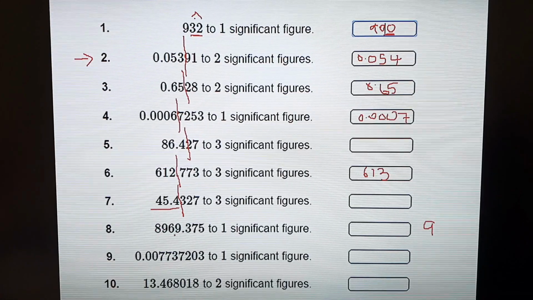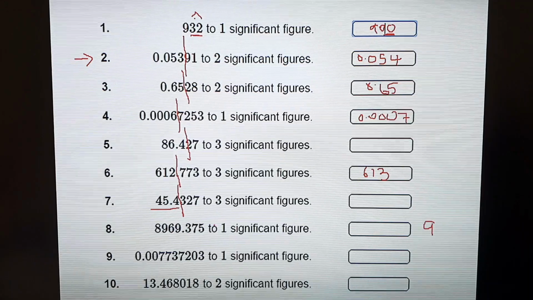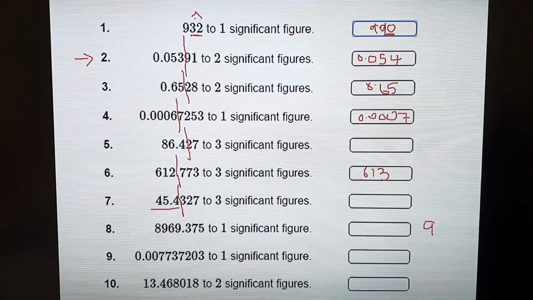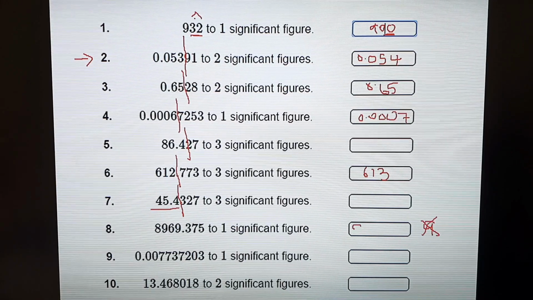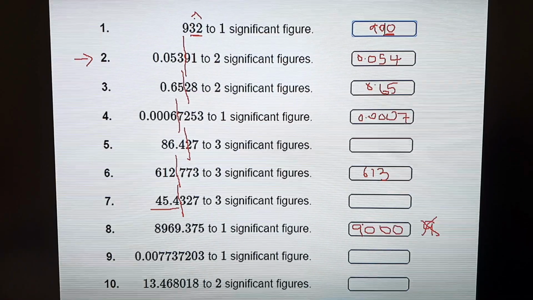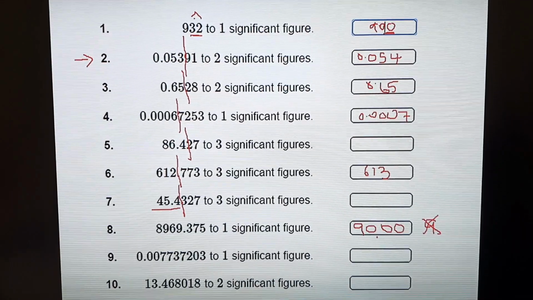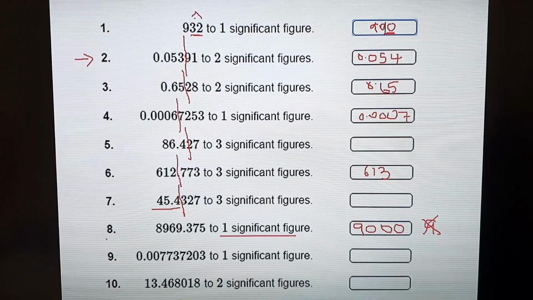The value still has to be approximately the same, just like when you round decimal places. So you would never do that. So the reason why we can write this as 9,000, that's the best that we can do in this case, and it can still be considered as one significant figure is because of that flexibility. We can count this as 1 or 4. In this case, the best we can do for 1 is to write it as 9,000.